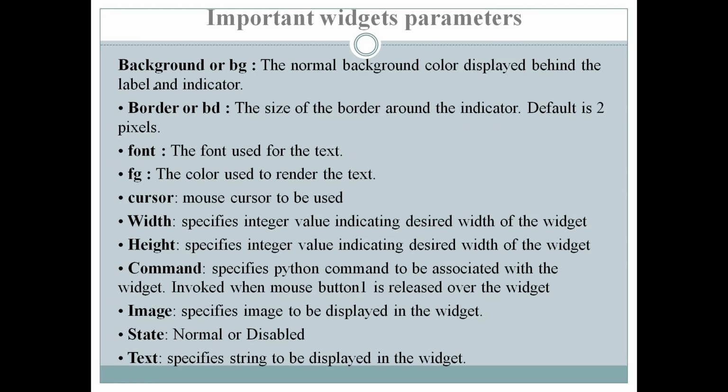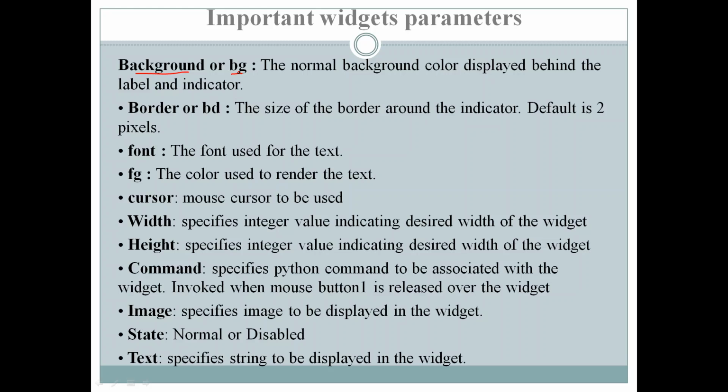The parameters here are background color, or you can use BG otherwise, which is used to change the background color of the component. Suppose in the last case we have used a button, and if I want to change the background color of the button, I may go for the parameter BG. So while creating a button, I may pass BG equals red, and that will change the background color.